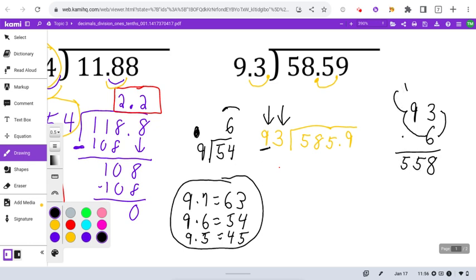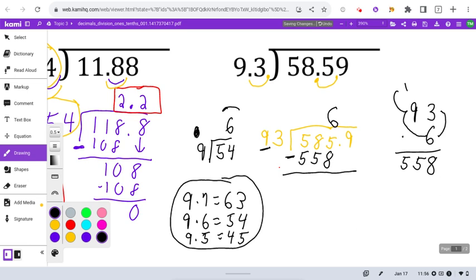So 558. Now you should be able to tell by looking that that's going to work. You should know that the difference between those two numbers is not greater than 93. It's going to be less than 93. So that number is going to work. So we are going to write that number 6 up on top here.